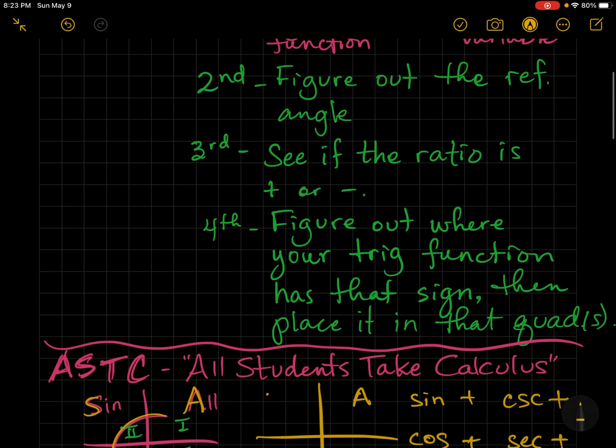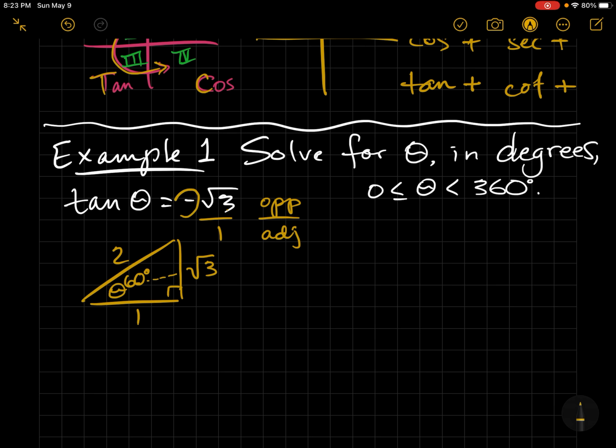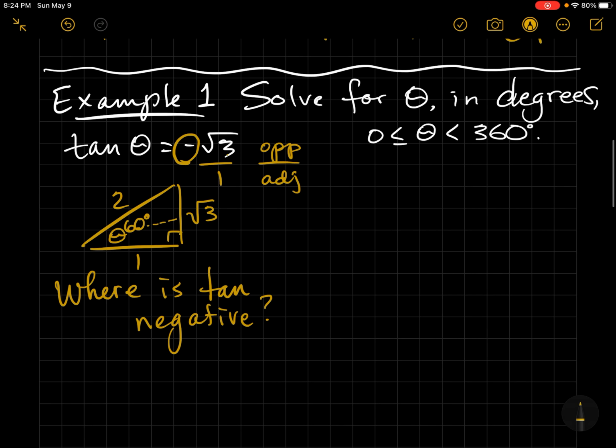Okay, so now the next step is to see if the ratio is positive or negative. It is indeed negative. So the question is, where is tangent negative? That is the big question. And so what I'm going to do is all students take calculus.